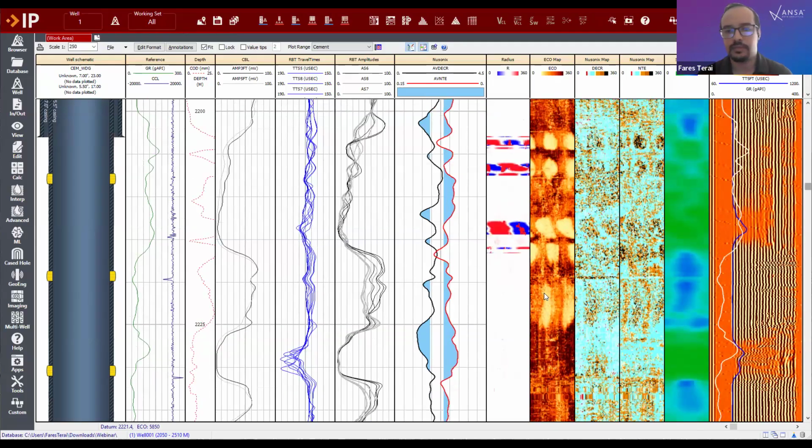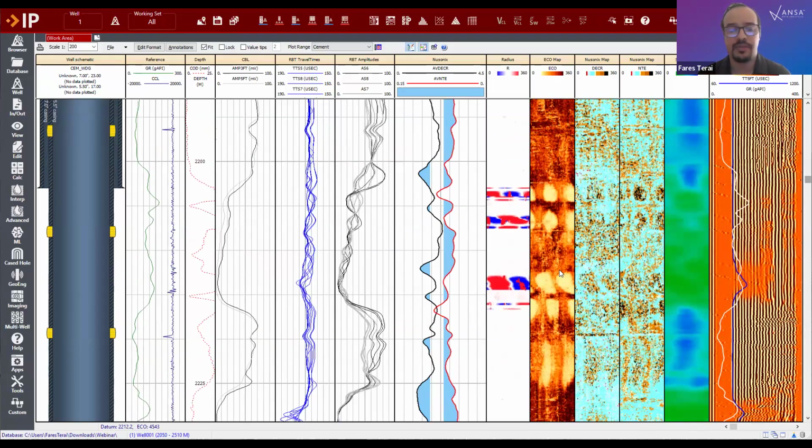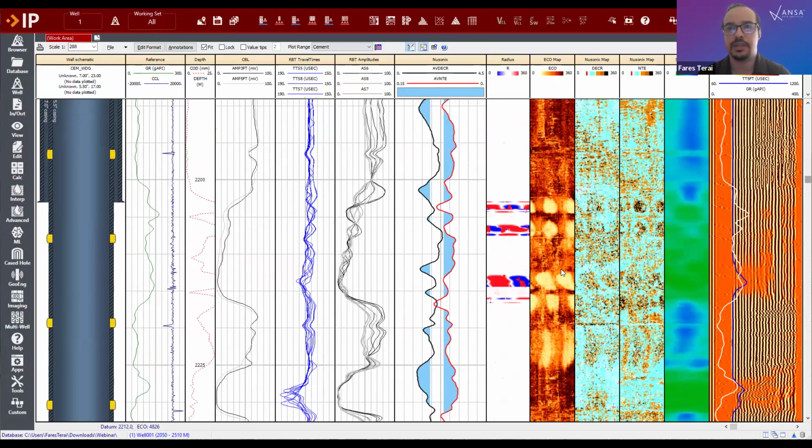But the main thing I want to talk about is that this feature can cause misleading interpretations. I've seen many times deformations degrading the cement bonding within a localized zone, and you need to explain that.